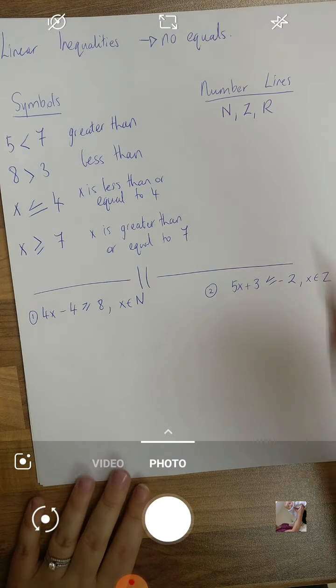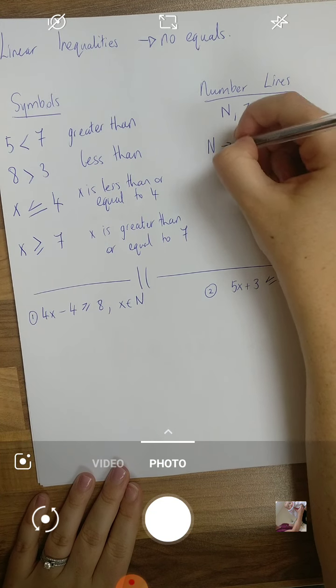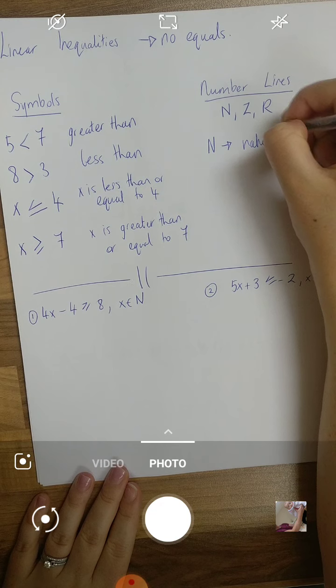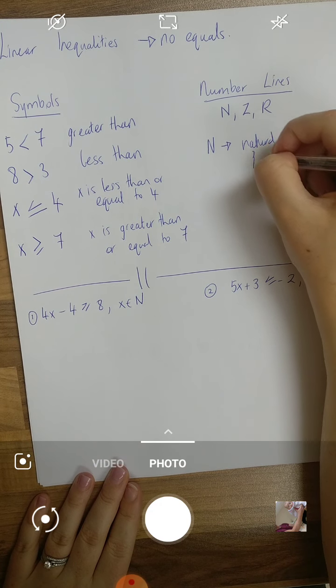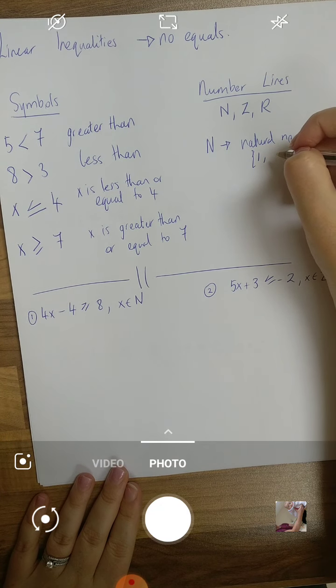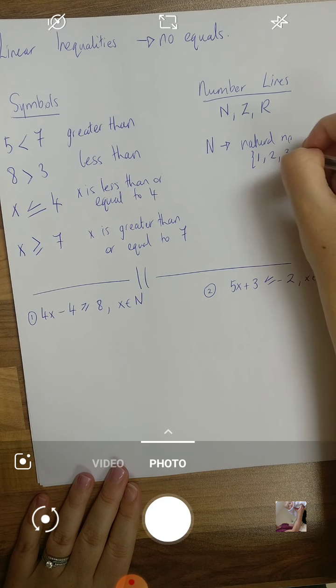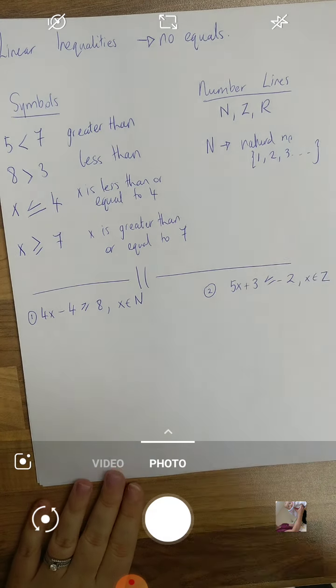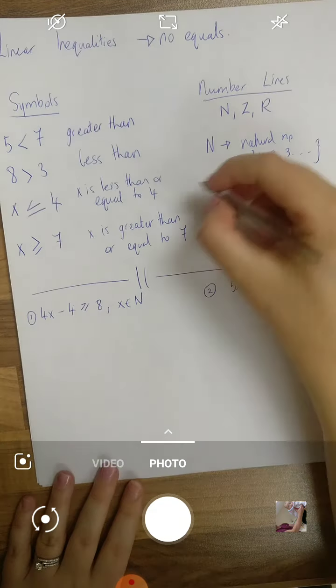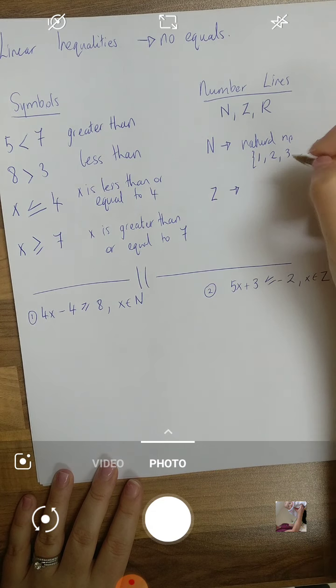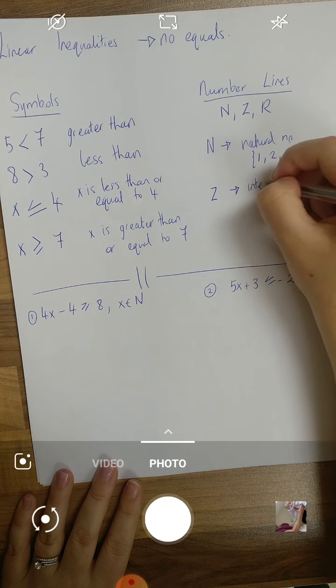Okay. N here means our natural number lines, which means natural numbers start at 1. They're positive whole numbers. So it starts at 1 and is infinite, so it goes on forever. Z is our integers.